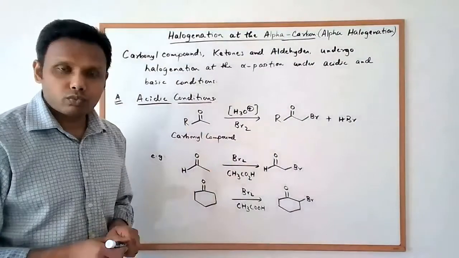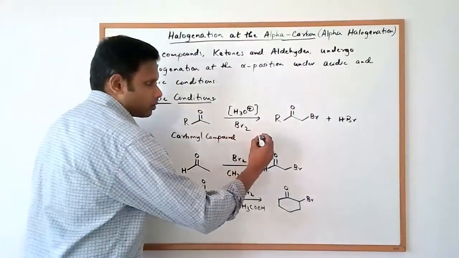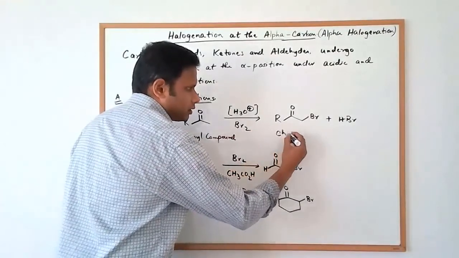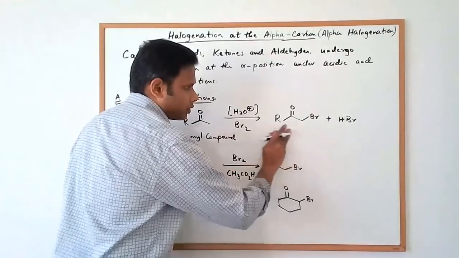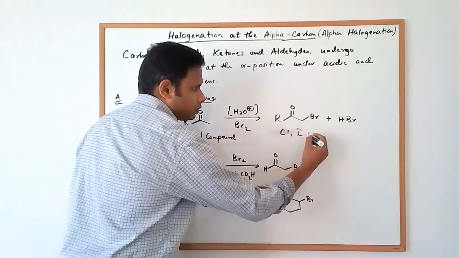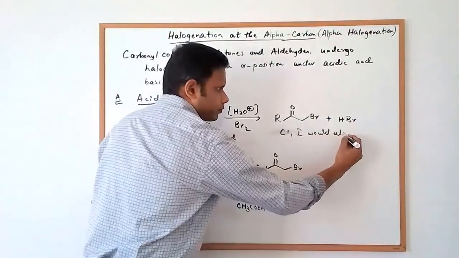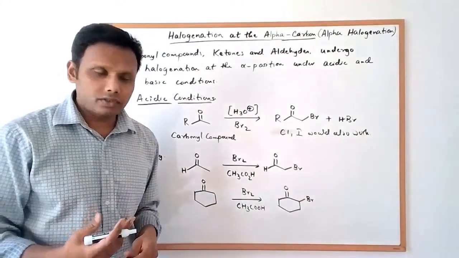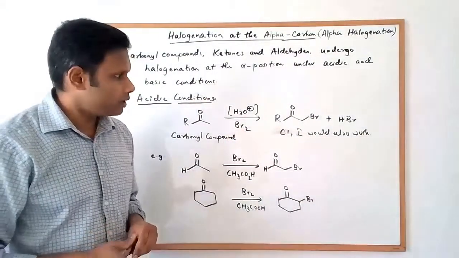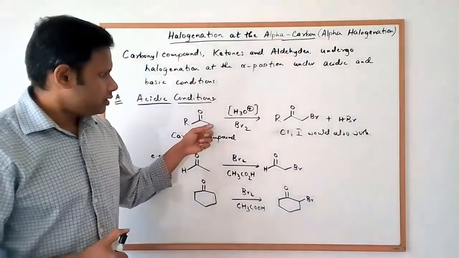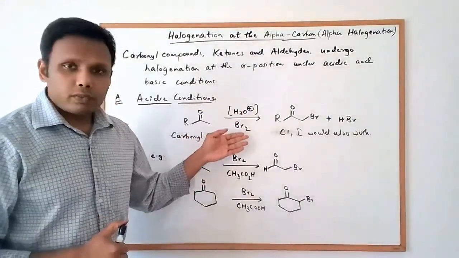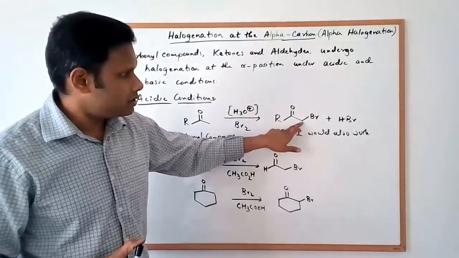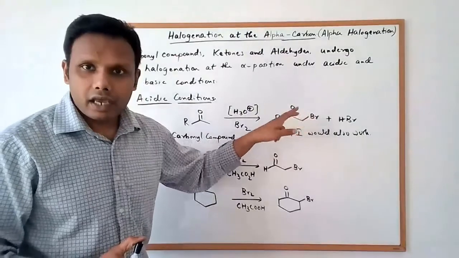So your X can be chlorine or iodine, which would also work. This reaction is not observed for fluorine though, so we would not be using fluorine here, but chlorine and iodine are fine. When you react this carbonyl compound with a halogen under acidic conditions, you will get the alpha-halogenation, and that means the alpha carbon gets halogenated.